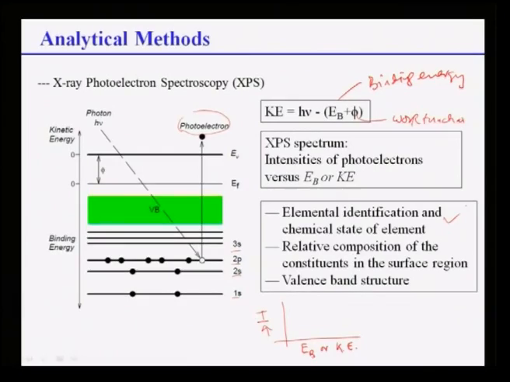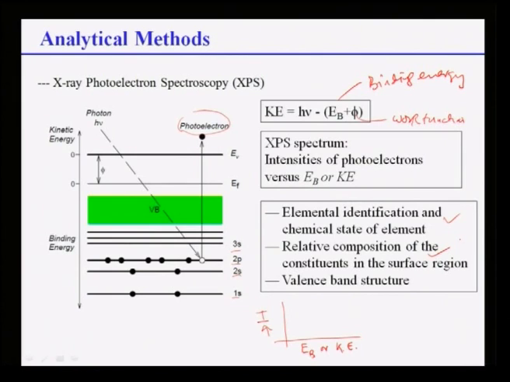Now what all can we do? We can do elemental identification, obviously, because we know the exact energy of the electron which is coming out. So we can categorically say which element is present. We can even tell the chemical state of the element, that is whether it is oxidized, reduced, or neutral.